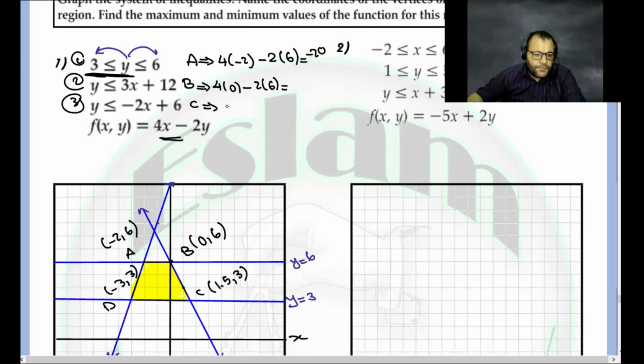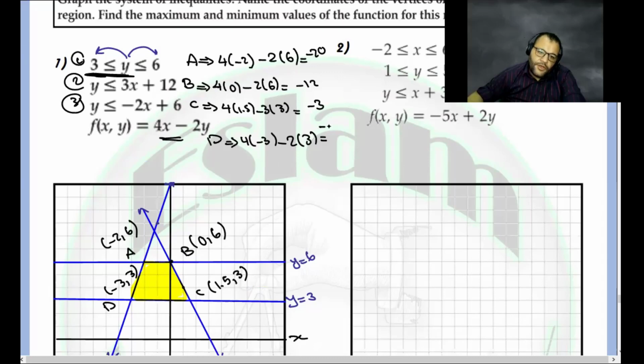The second one? -12. The third one? -3. 4 times -3 minus 2 times 3. What is the answer for this one? -18. Yes. What is the maximum point and the minimum point? Maximum is -3. Minimum is -20.